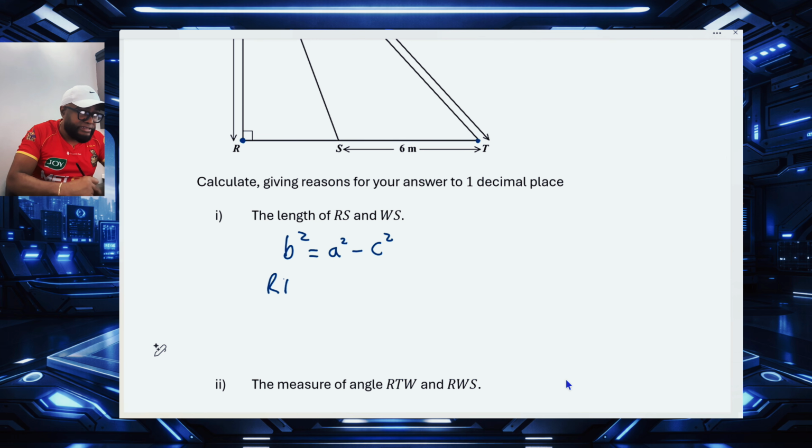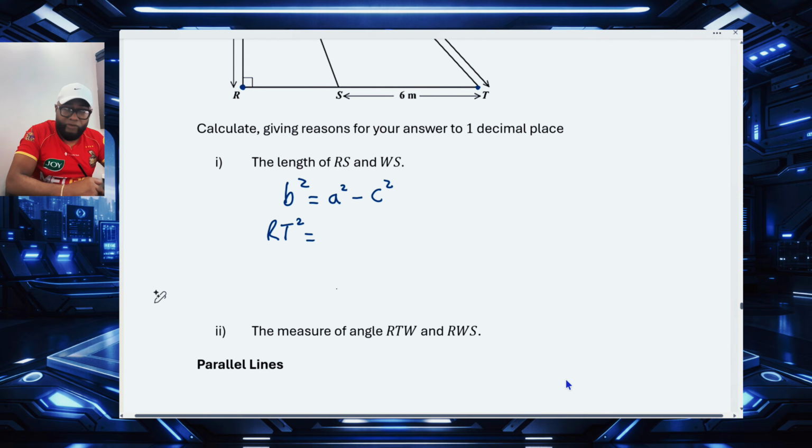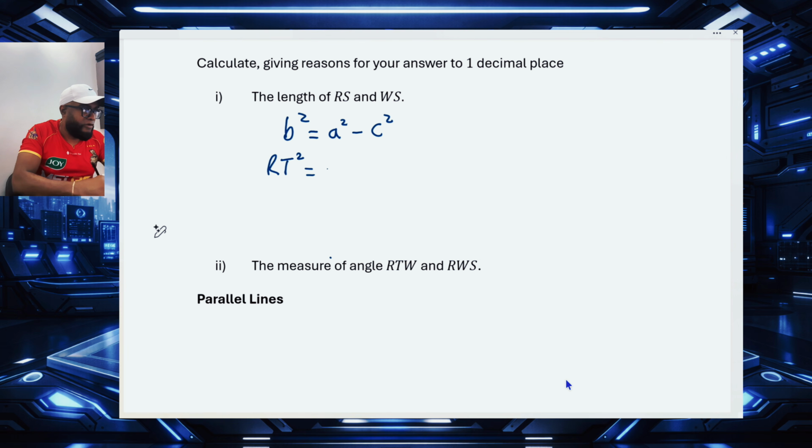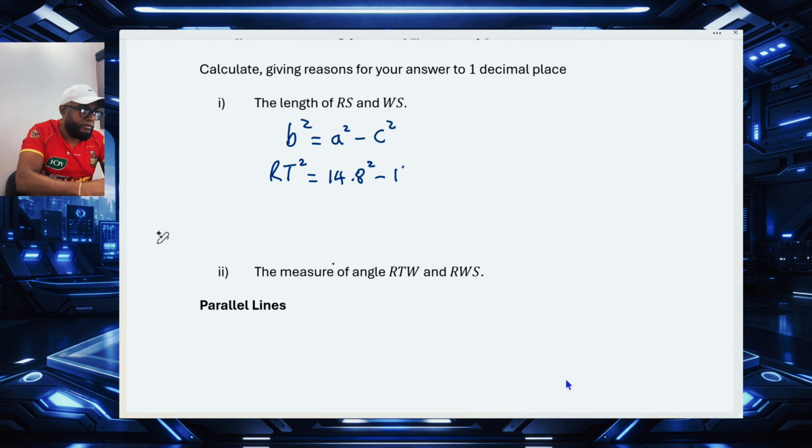So RT squared would be equal to, A being the hypotenuse, 14.8 squared minus C, which would be 6 squared. So RT will be equal to the square root of what?